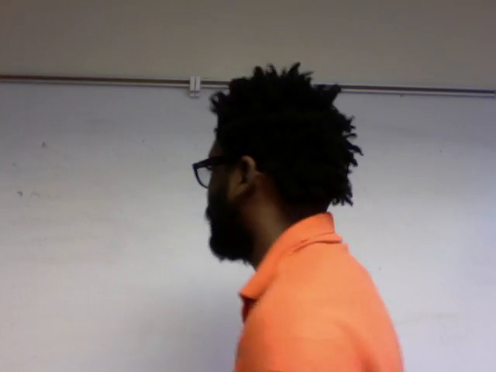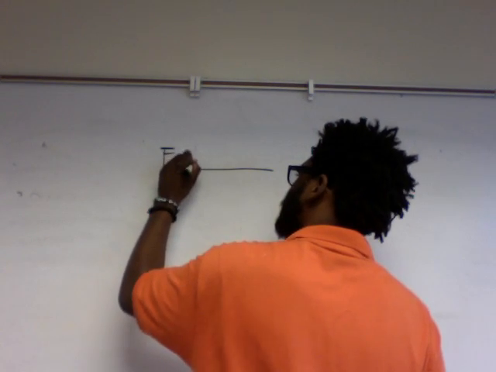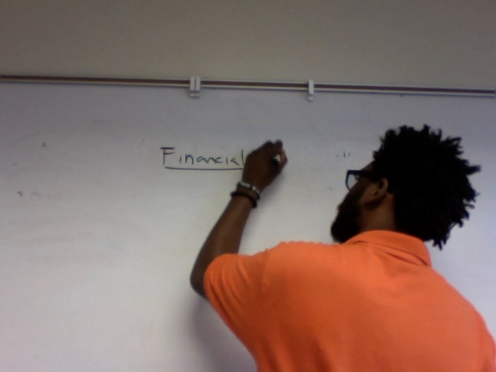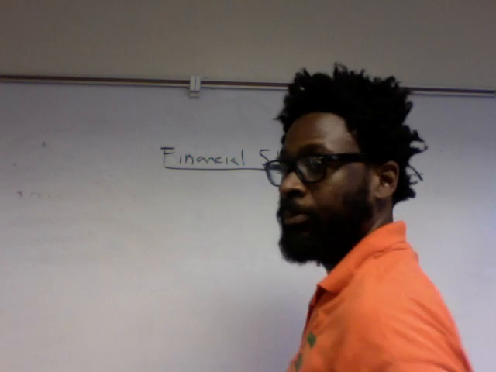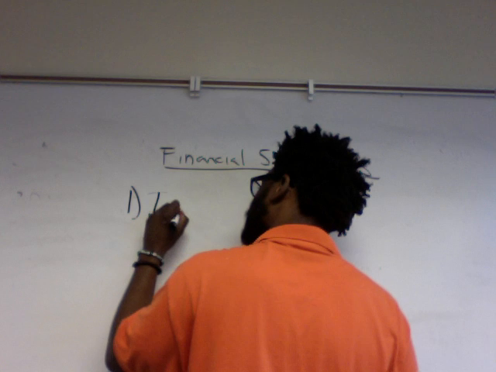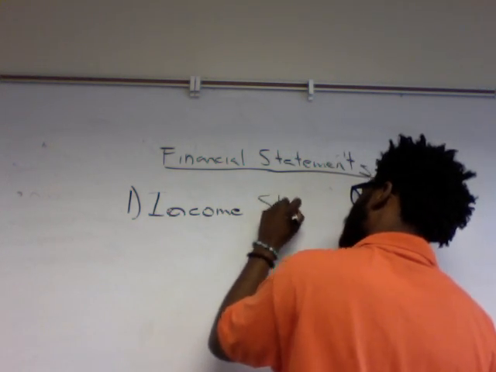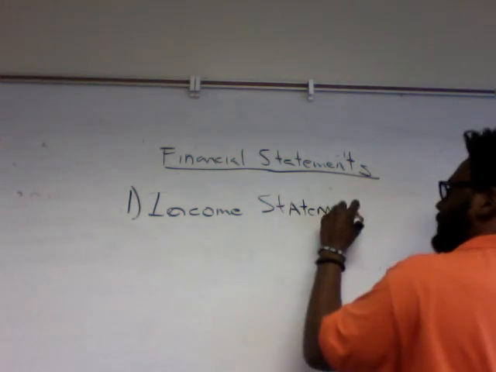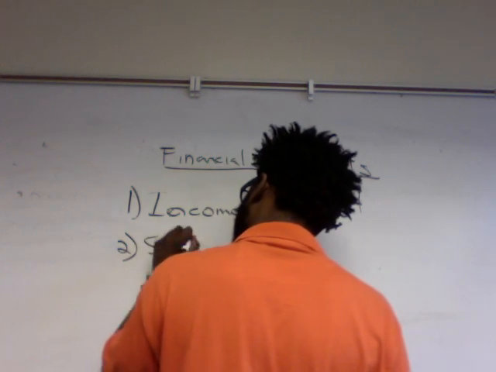So as of right now, you have 4 financial statements that you need to be aware of. Financial statements are simply those reports that we talk about. These financial statements would normally be reported in a particular order. Your first financial statement, your income statement, your next financial statement would be your statement of retained earnings.